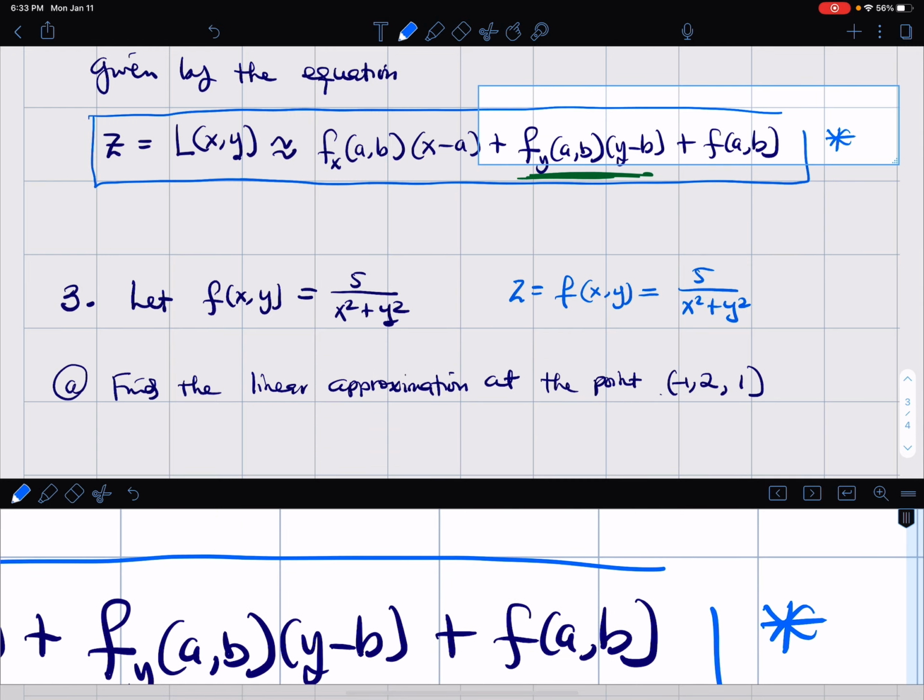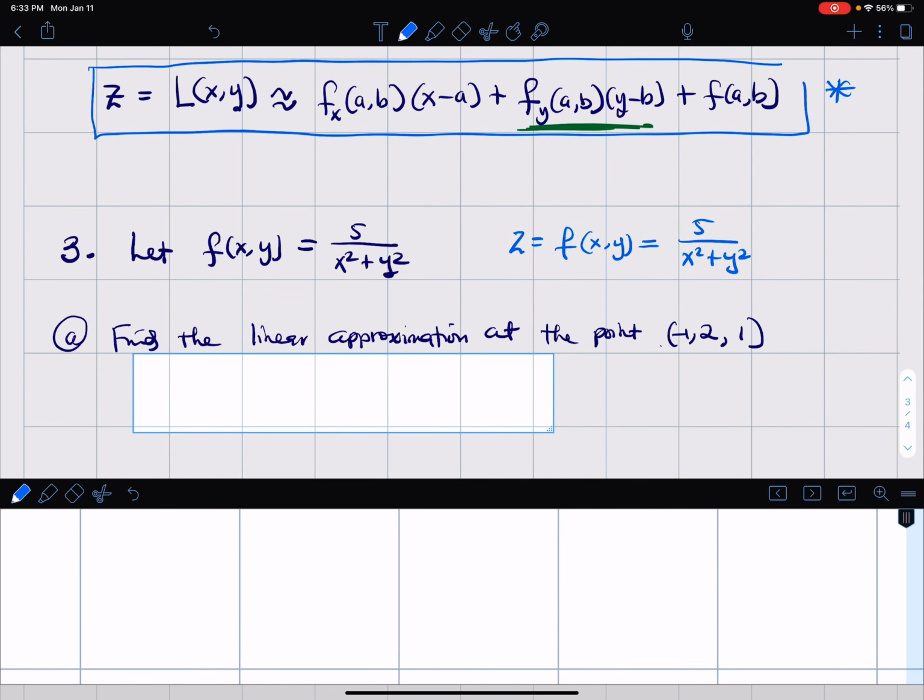For that reason, we need fx. fx is just the partial derivative with respect to x.